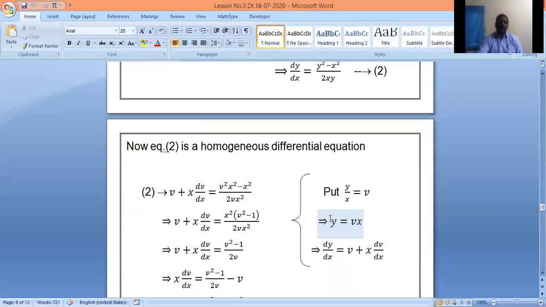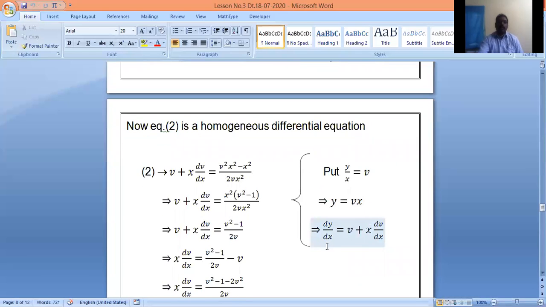By differentiating this function with respect to x, we get dy by dx is equal to v plus x into dv by dx. Now the equation 2 becomes v plus x into dv by dx is equal to v square x square minus x square by 2v x square.